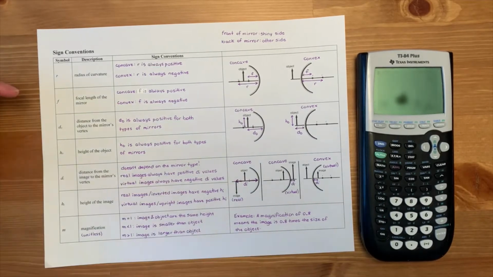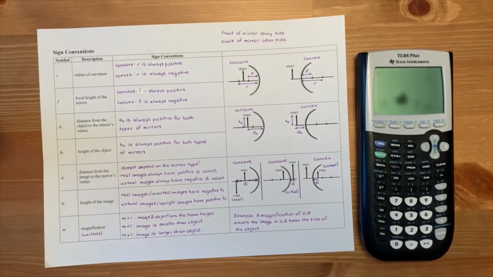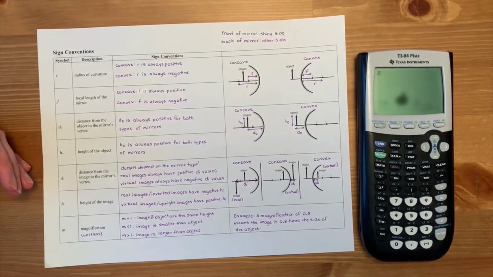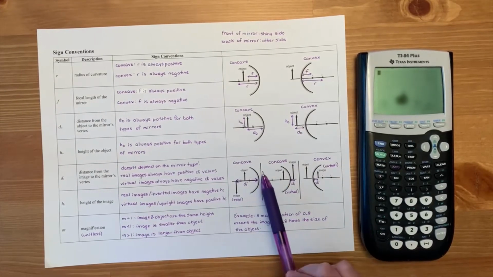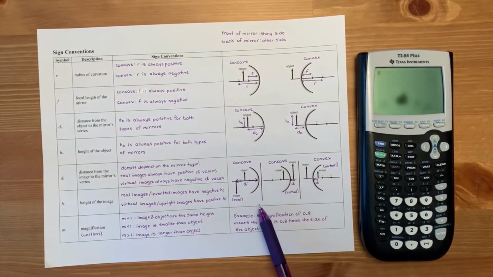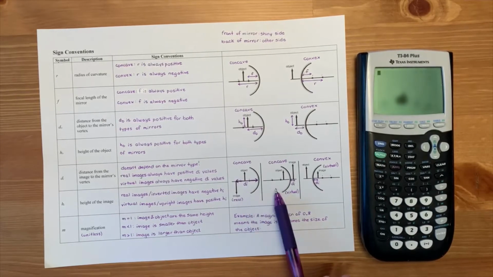Okay, so here, these are sign conventions that you just have to memorize. There's no real reasoning behind them that we're gonna talk about, you just have to know them. And the reason you have to know them is so that you can actually do the examples that we're gonna do in a second. So just something to be careful of is right here specifically. Remember that a concave mirror can make either a real image or a virtual image depending on where the object is placed.